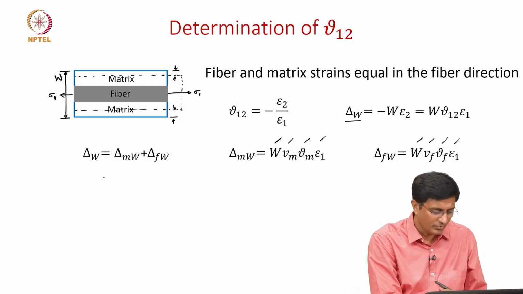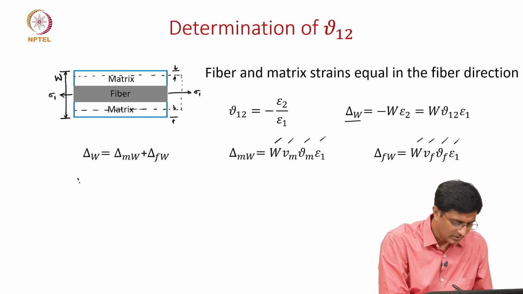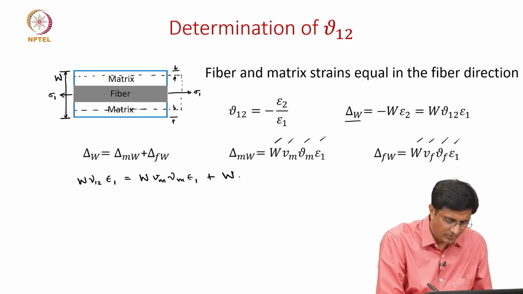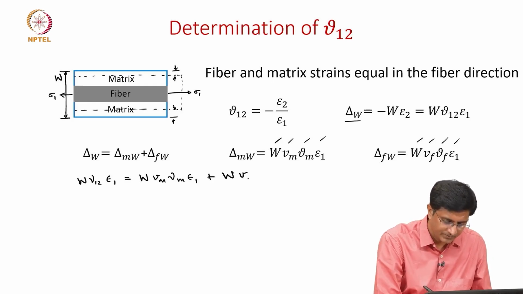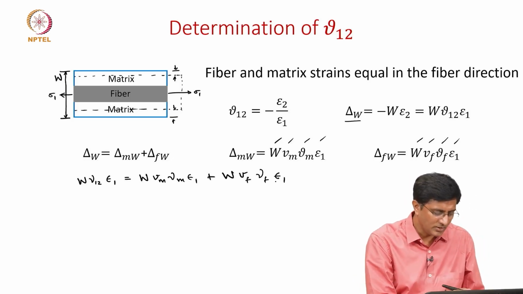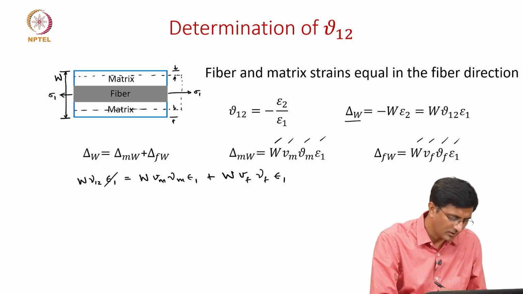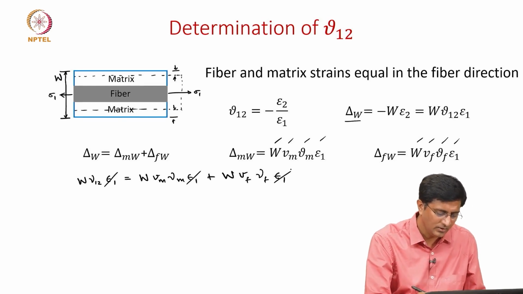To write it as for delta W, I can replace it as W times the Poisson ratio nu12 times epsilon 1 equals, for the matrix, W, the volume fraction V_m, the Poisson ratio nu_m, epsilon 1, plus W. So in this expression, we see epsilon 1 is there in all terms, so we can get rid of this strain.